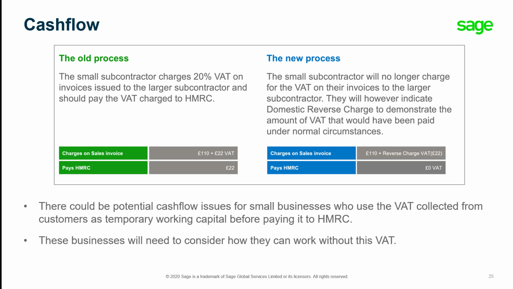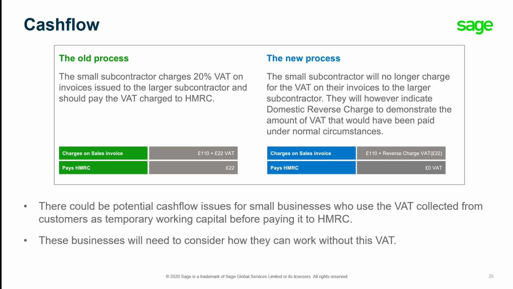This legislation could potentially impact the cash flow to your business, particularly where you would collect VAT on invoices and in some circumstances potentially not need to pay this for a further 3 to 4 months. Therefore, businesses tend to use this as working capital in the meantime. So if we look back at our example of the small subcontractor, you can see that they are collecting VAT of £22 and they may not need to pay that for 3 months.